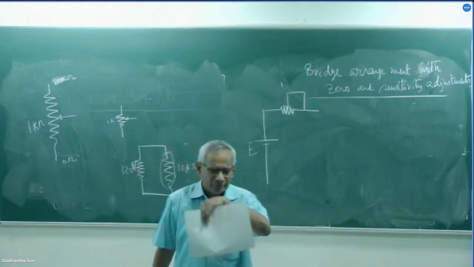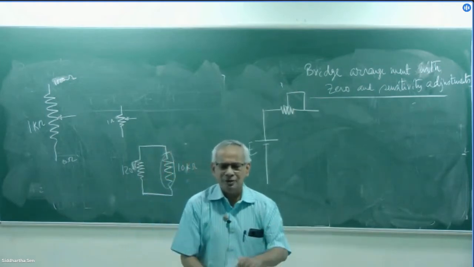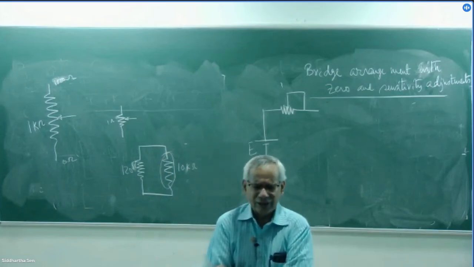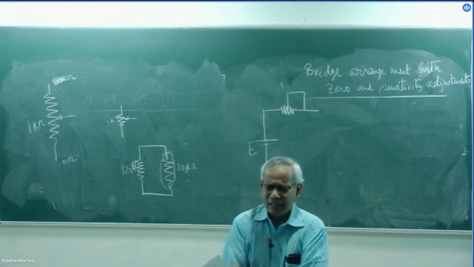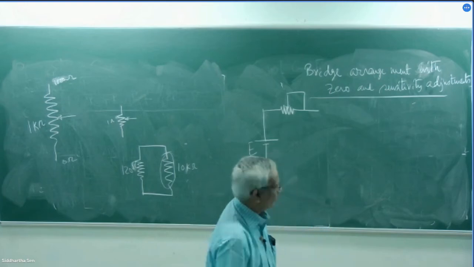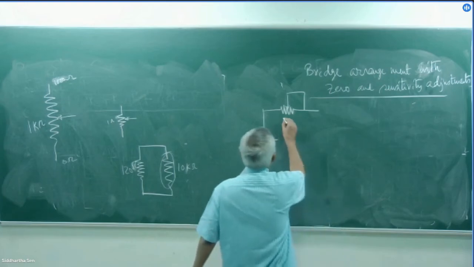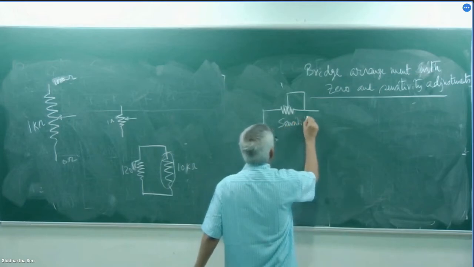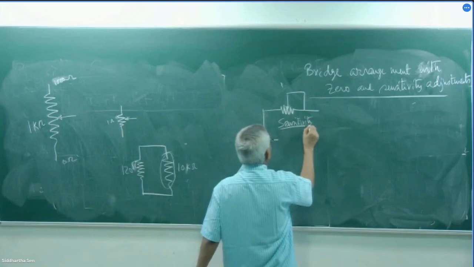So naturally, for the same strain, it may give you a less unbalanced voltage. So what we want is that it should be adjustable. So that way we can use a potentiometer, and that we will call the sensitivity or span adjustment.